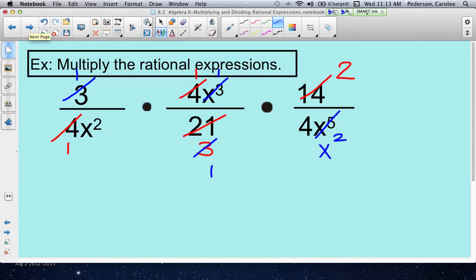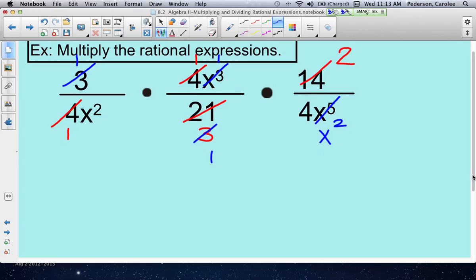Well, this is a pretty messy looking multiplier of fractions. So let's just rewrite what we have. We have 1 over 1x squared. We have 1 times 1 is 1 over 1. And then we have 2 over 4x squared.